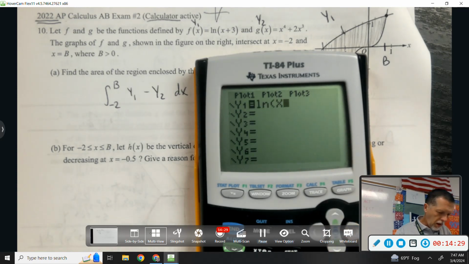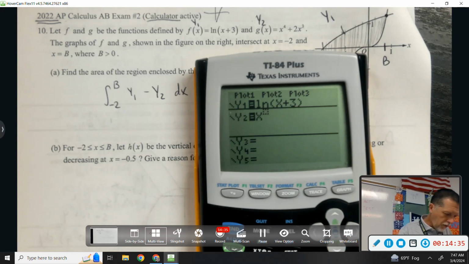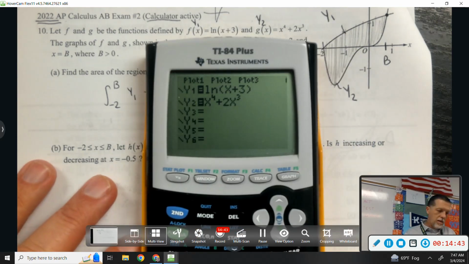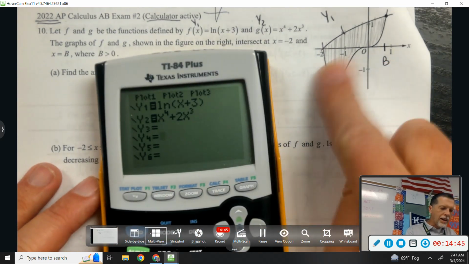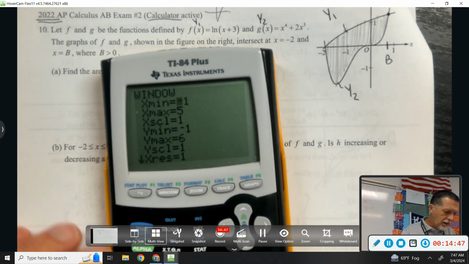Natural log x plus 3x to the fourth plus 2x cubed. Okay. Oh, and I kind of know my scale already. That's nice. So I'm going to go -3 to 2.